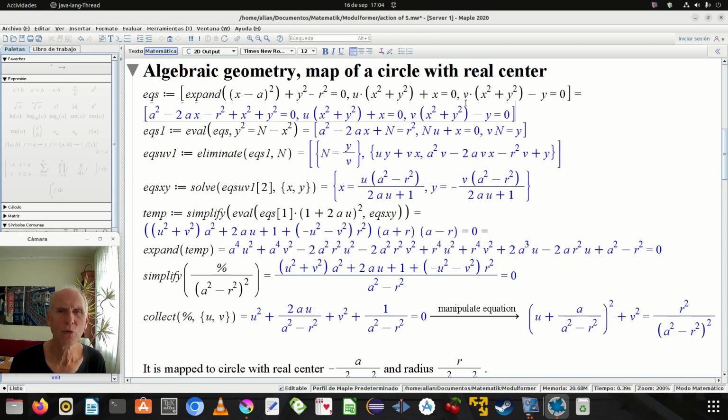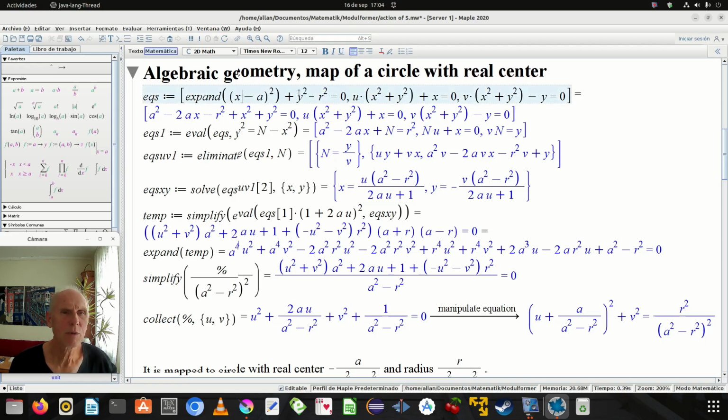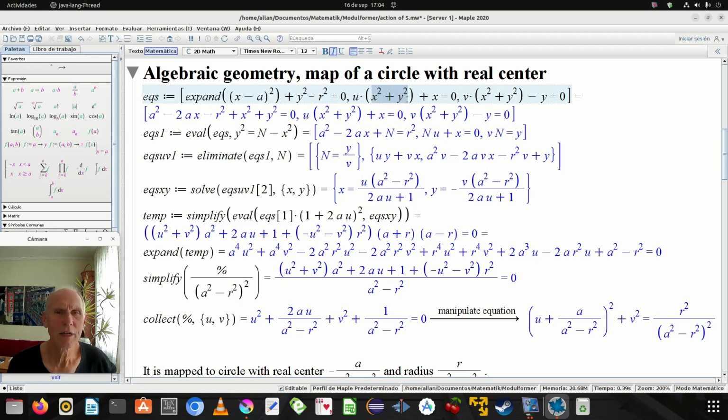So that's u and v. And next we recognize that from this we get x squared and y squared, and it occurs in the denominators as well. So we can actually introduce it as a variable and then eliminate it. That gives first order equations, so we can find x and y.